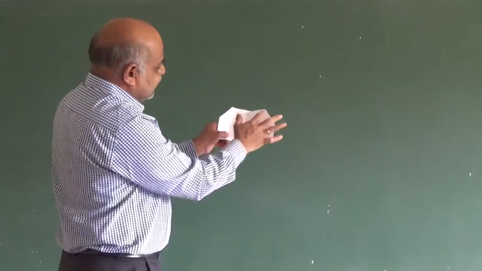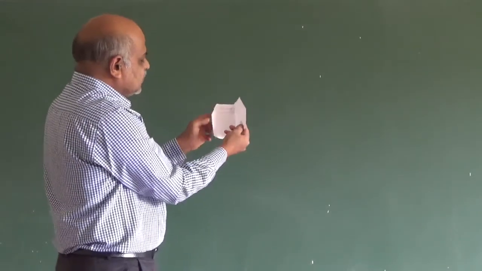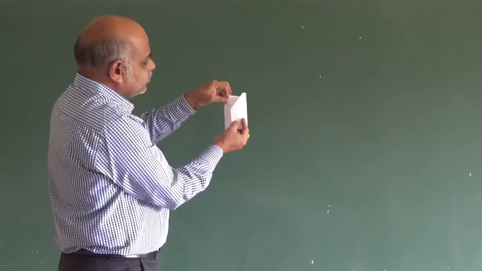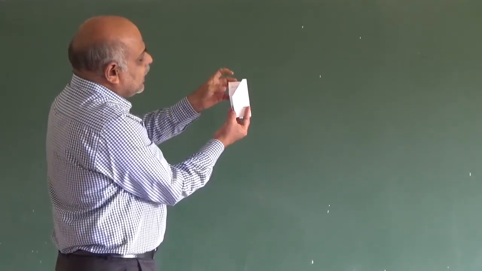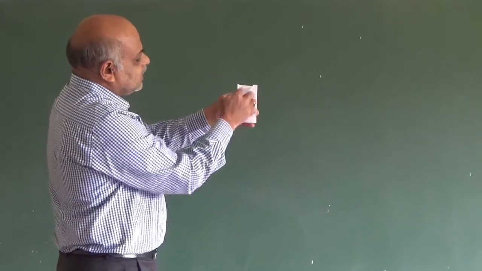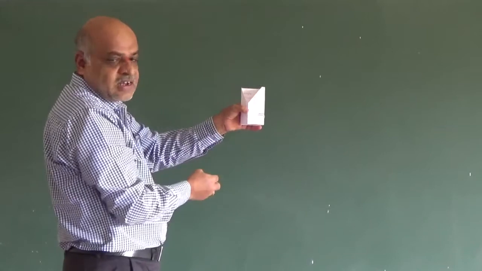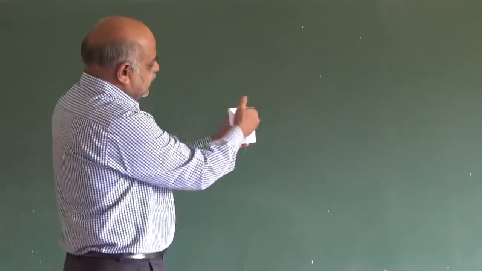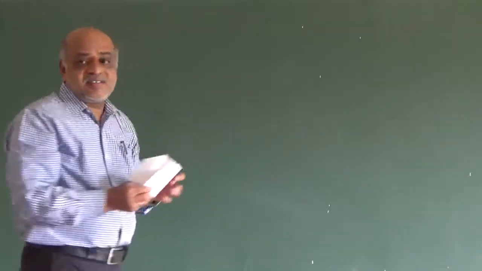So this portion has been cut, this portion has been cut, and this portion has not been cut. So this is how the prism is going to be cut, at a height of certain distance, with an inclination with respect to HP of 60 degrees or something like that. And when you open this, it looks like this. This is how we are going to solve problems in development of solids.